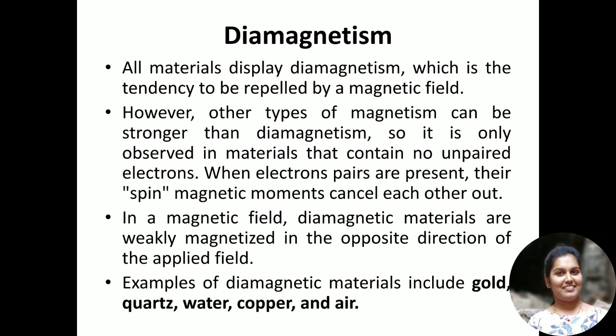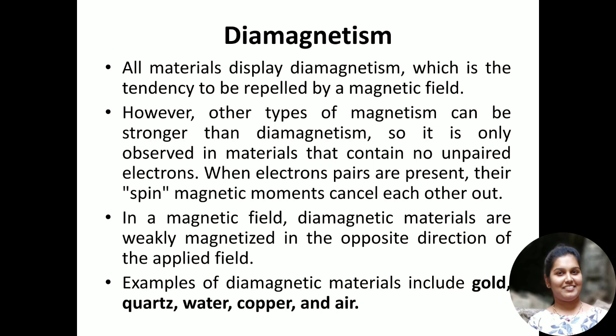Examples of diamagnetic materials include gold, quartz, water, copper and air. So this is all about diamagnetism.